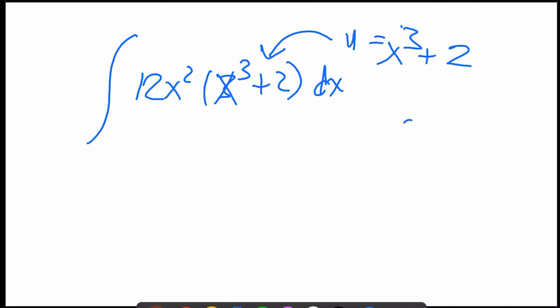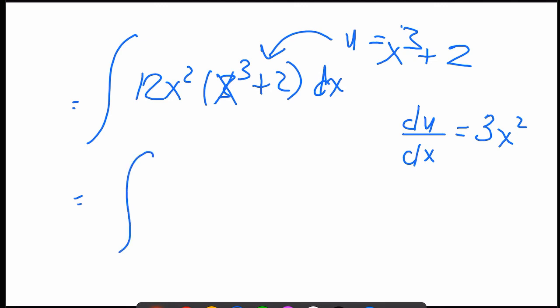So du dx of that equals 3x squared. Okay? Yeah? So this is 4 times u du, because that's u, and that's u, right? Is 4u du.